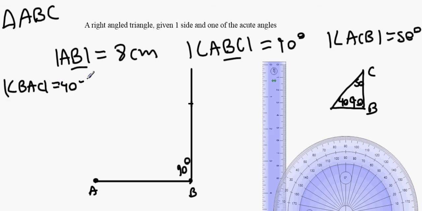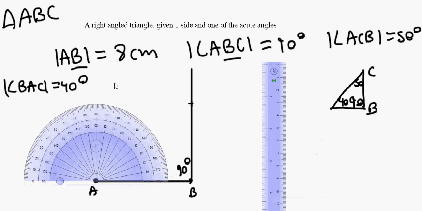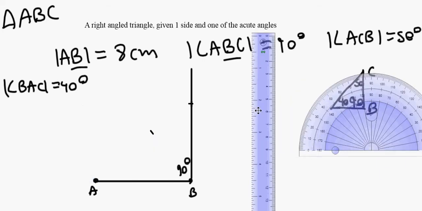So what we also need to do is draw a 40-degree angle up here, and then we'll find out where the point C is. Okay, so we're going to get our point here, and we're going to find out the 40-degree mark is located here. Then also what we got to do is just draw a line going directly through this.